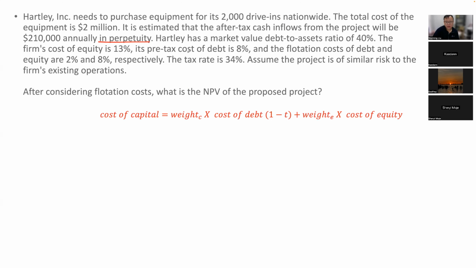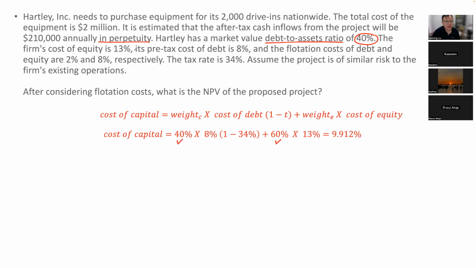Let's take a look. We are going to use the same formula for the cost of capital. In this case, the debt to asset ratio, which is the weight of the debt, is 40%. So the remaining 60% is for the equity.